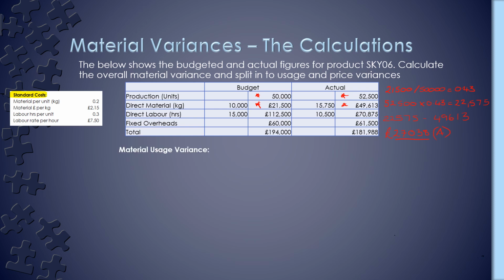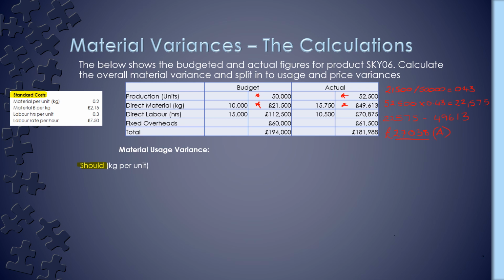So let's move on then to our material usage variance. Our first step is we need to work out what we should have used in our actual production.